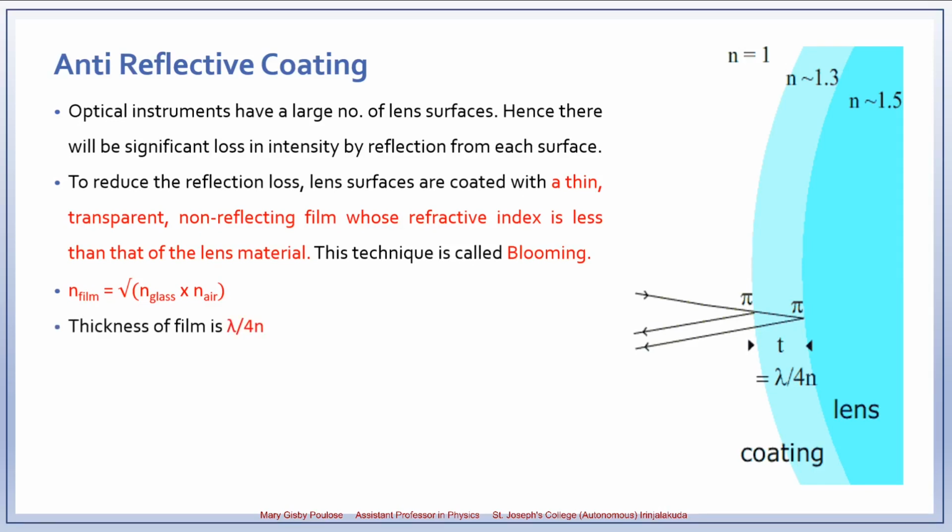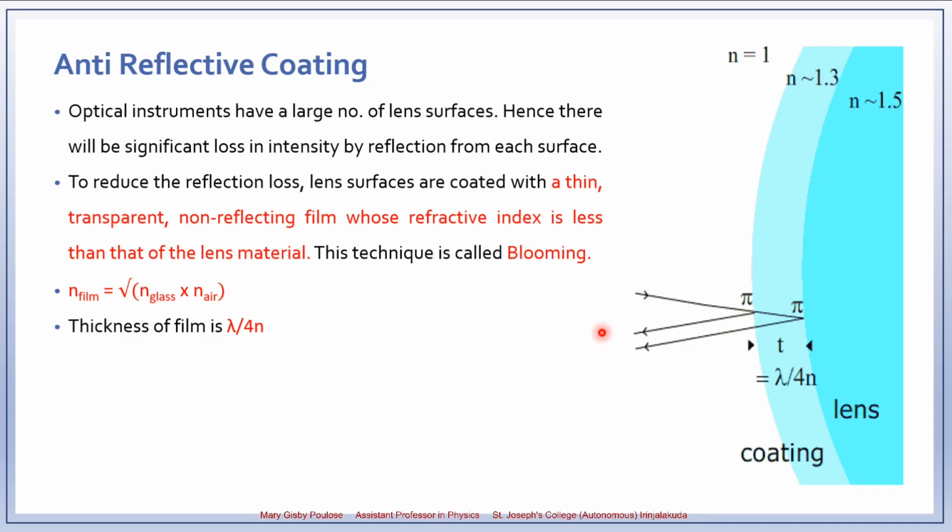And the thickness of the film has to be lambda by 4n. Here lambda is the wavelength of the light that we want to detect. The wavelength of light that we would like to detect is selected as lambda, and lambda by 4n should be the thickness of the film.